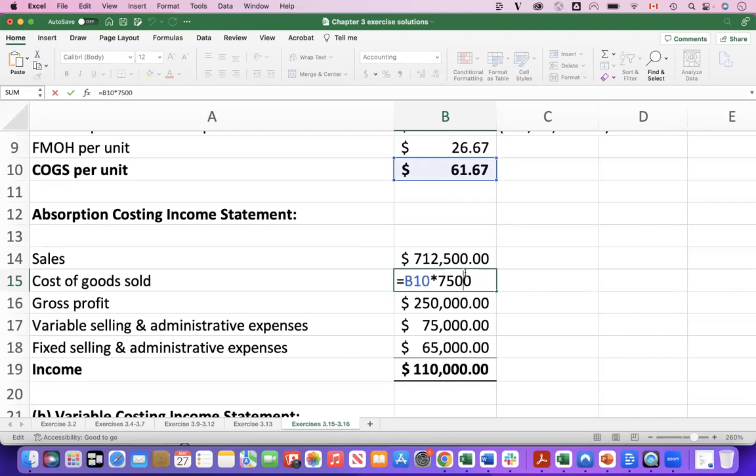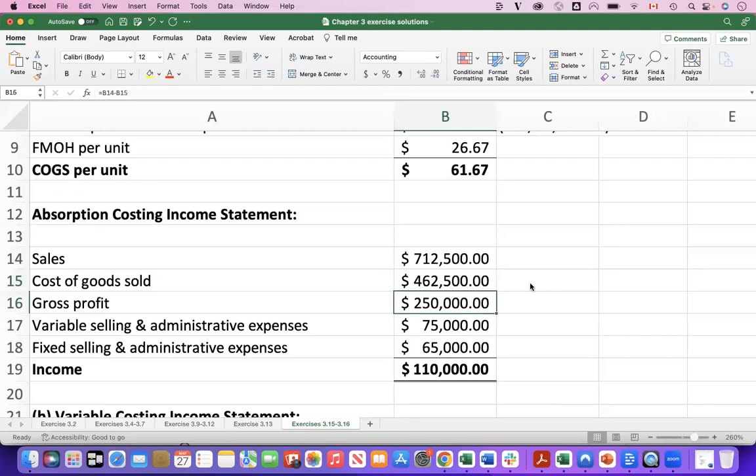Then we calculate our cost of goods sold, which we just calculated the per unit amount above, which was $61.67. We multiply that by the number of units sold, which was 7,500 units. So we get cost of goods sold of $462,500. Subtracting the two gets us to our next line item, which is gross profit, of $250,000.